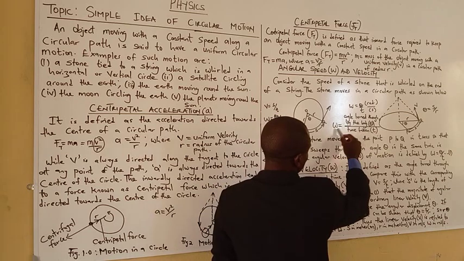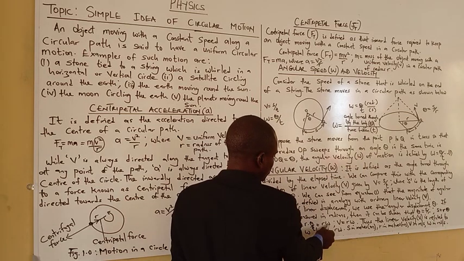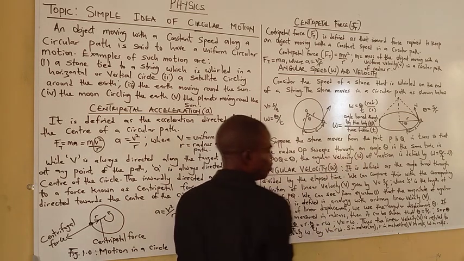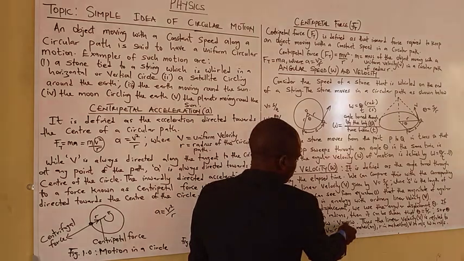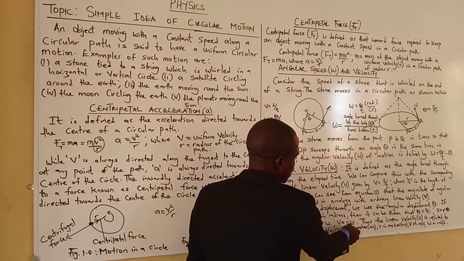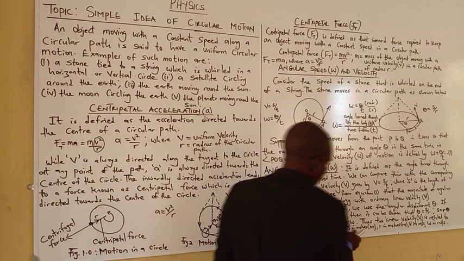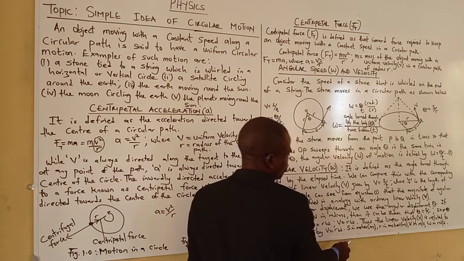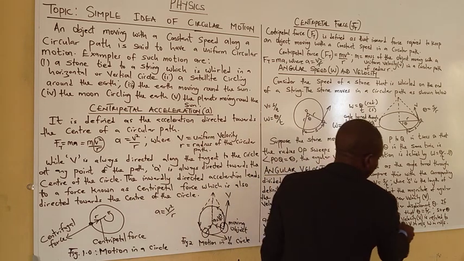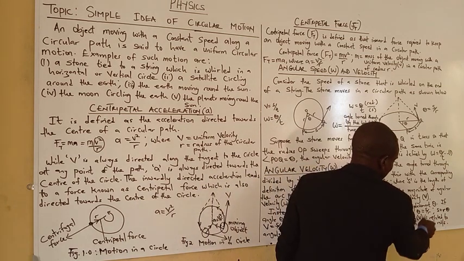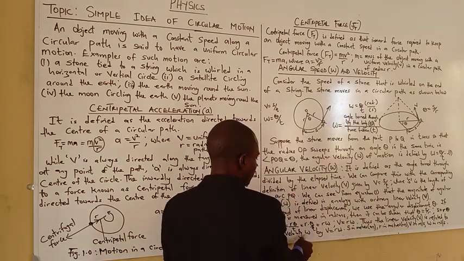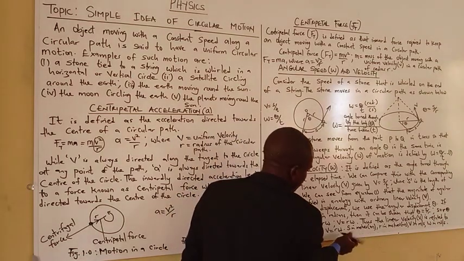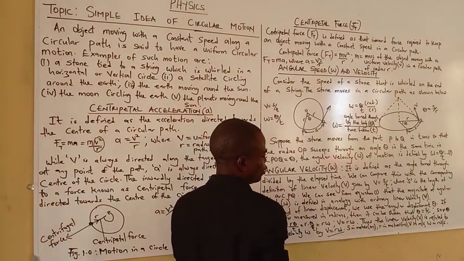Don't forget we have it as w. You replace it with w. We have v equals rw. That is this radius multiplied by the angular velocity. It's a very important formula. V equals rw. Thus, the linear velocity v is related to the angular velocity w by v equals rw.